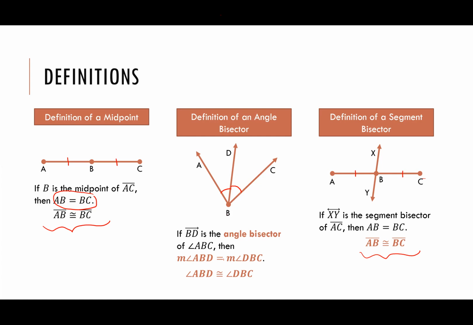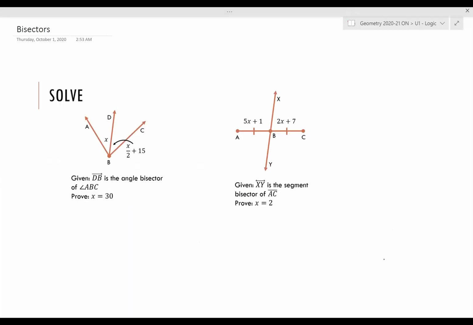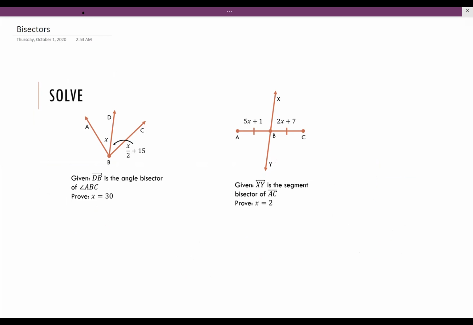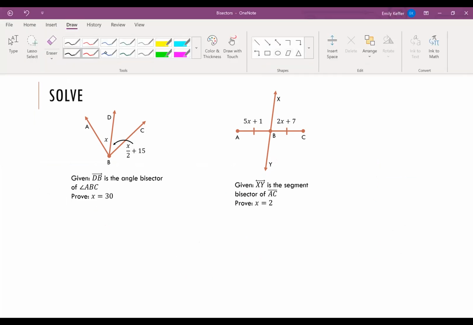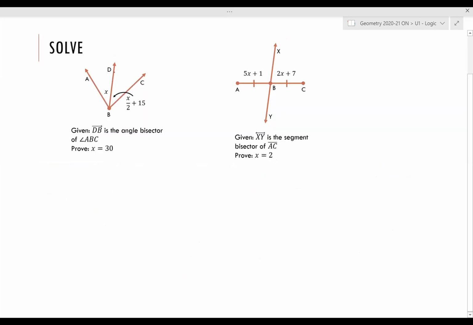So let's look at a couple examples of these bisector problems. Suppose that we are trying to solve for x given an angle bisector. So ray BD is the angle bisector of angle ABC.